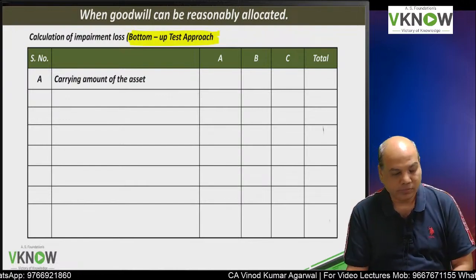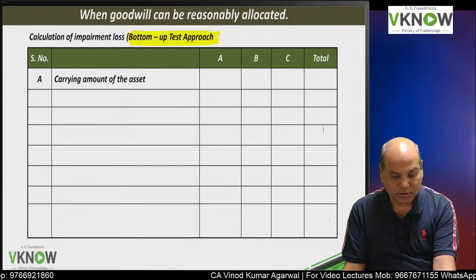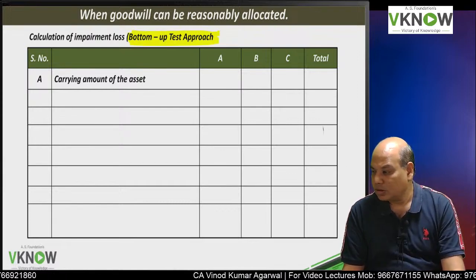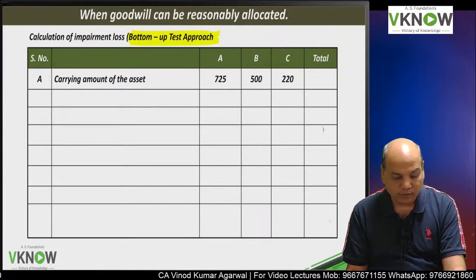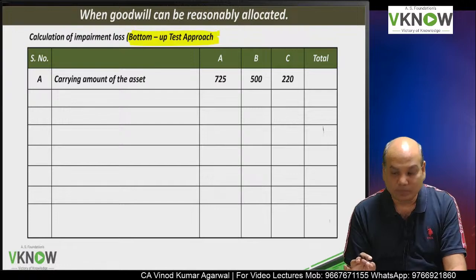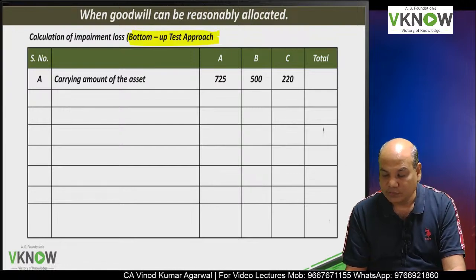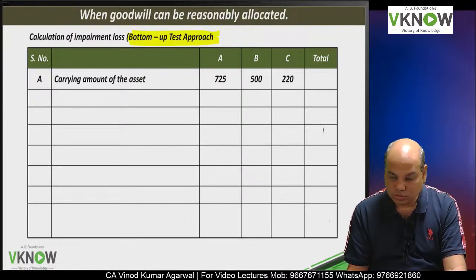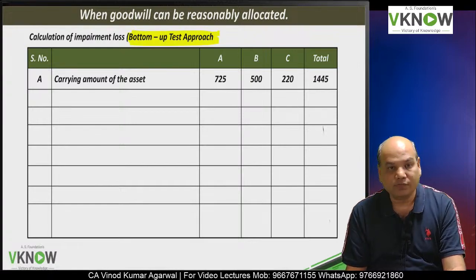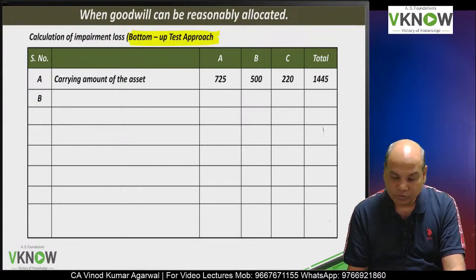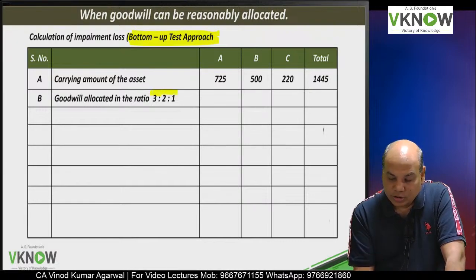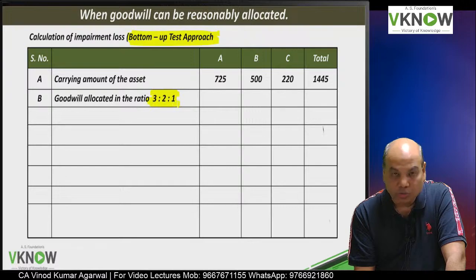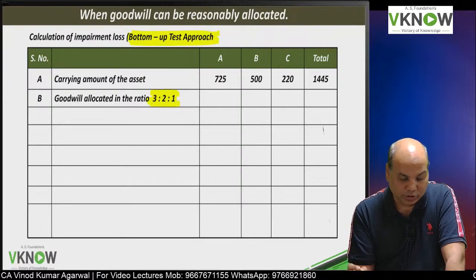First, point A, carrying amount of the asset on the date you have got the indication of impairment: 725, 500, 220, total 1445. This is given. Then goodwill will be allocated in the ratio of their fair value on the date of acquisition.